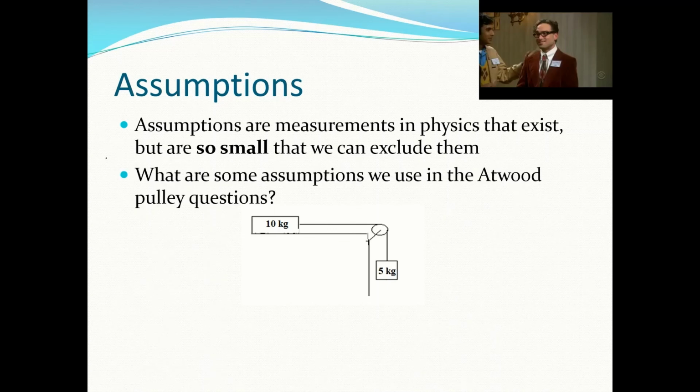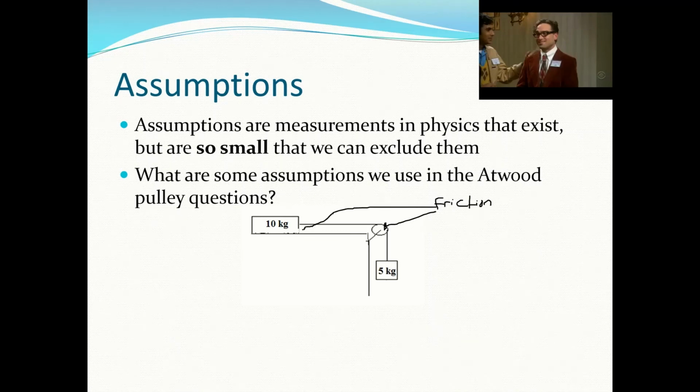So in this Atwood-Pulley question, what are some assumptions that we have? Well, it's things that we ignore. So things like friction. There are other places where friction can be had, like the pulley. We say it's frictionless, but it does have a little bit of friction. But the fact that we make it a wheel means that we can ignore that. It's probably going to be pretty small, right?